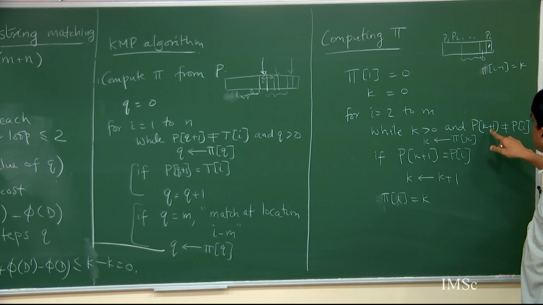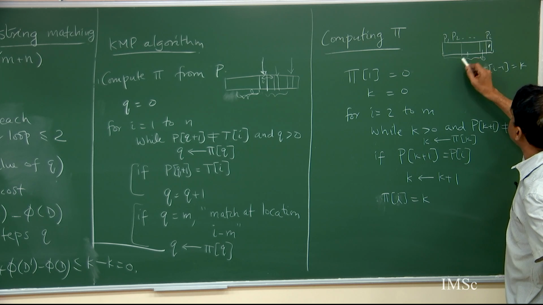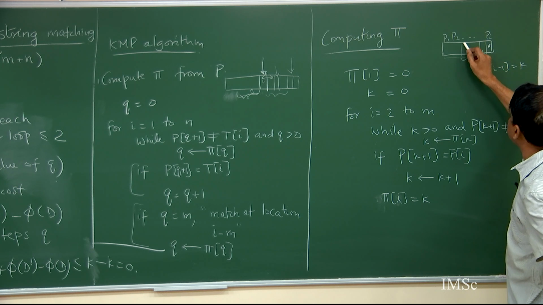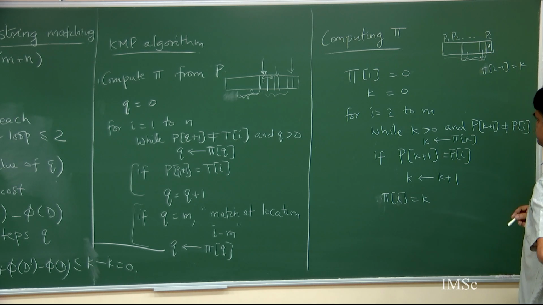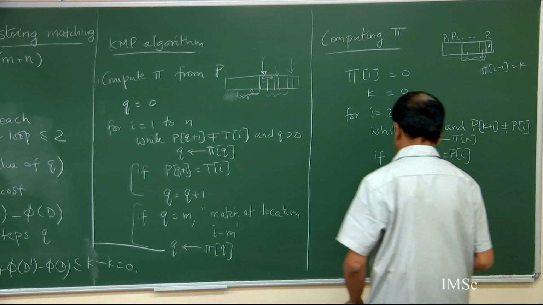Compare p k plus 1, because I know that p 1 to p k matches with the last k characters of p 1 to p I minus 1, right. So, let me just write down what I am saying.